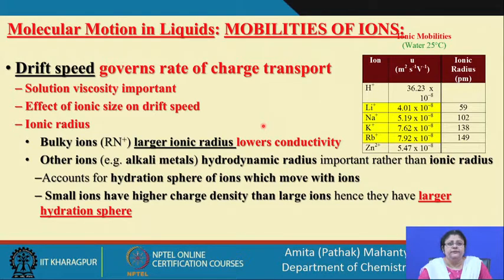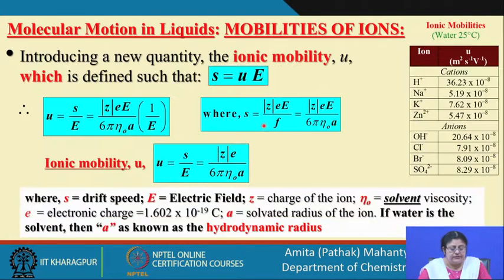Suppose we have an ion which is bulky, with a large ionic radius. We saw previously, if you compare these two, potassium is much smaller than the zinc ion.